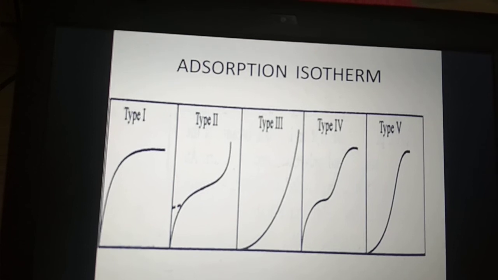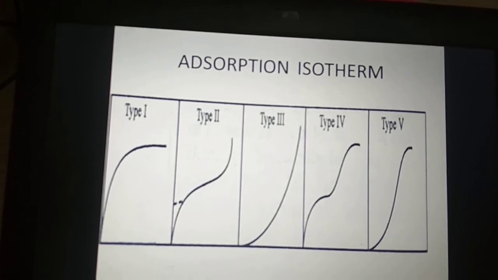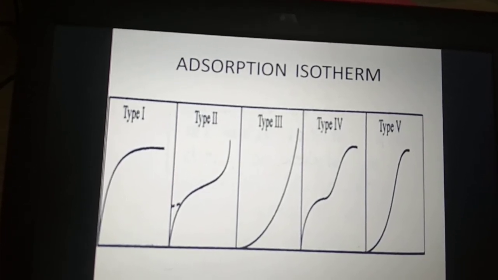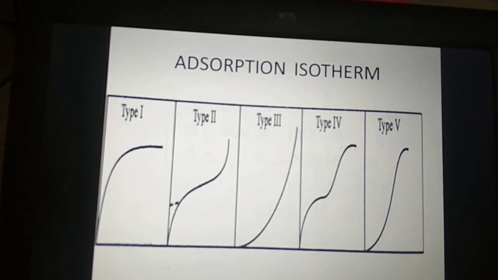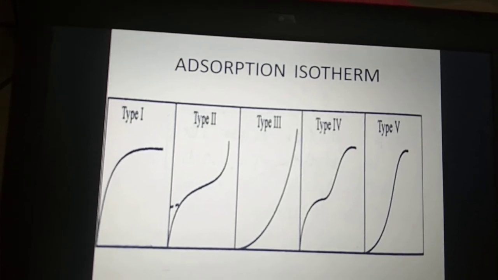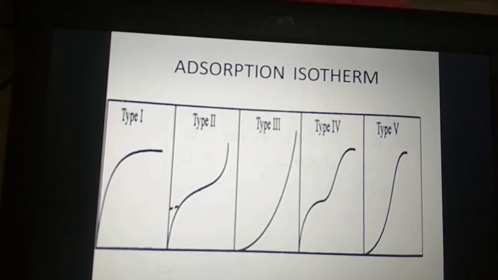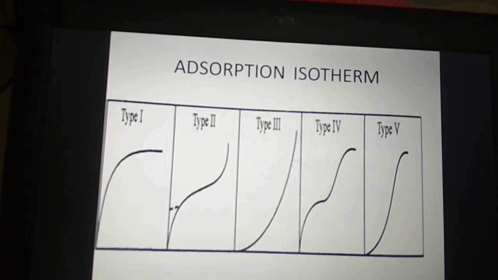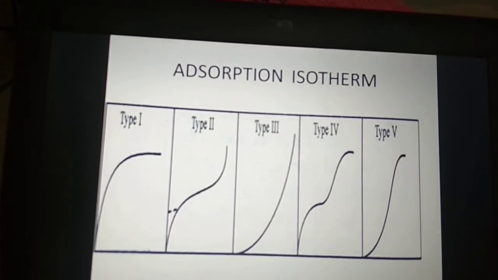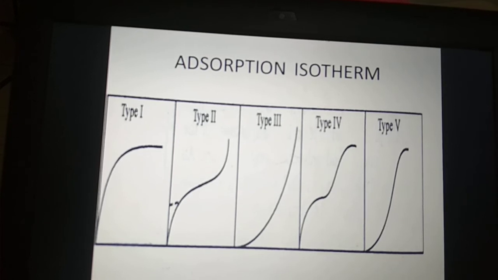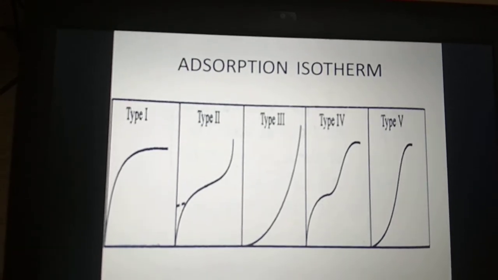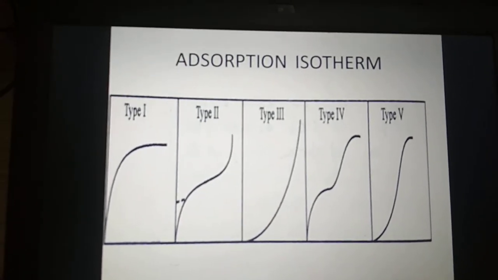It is just similar to the second type, but the difference between the second and fourth types is that in the second type the multilayer saturation is not shown, but the fourth type shows the saturation point of the multilayer.